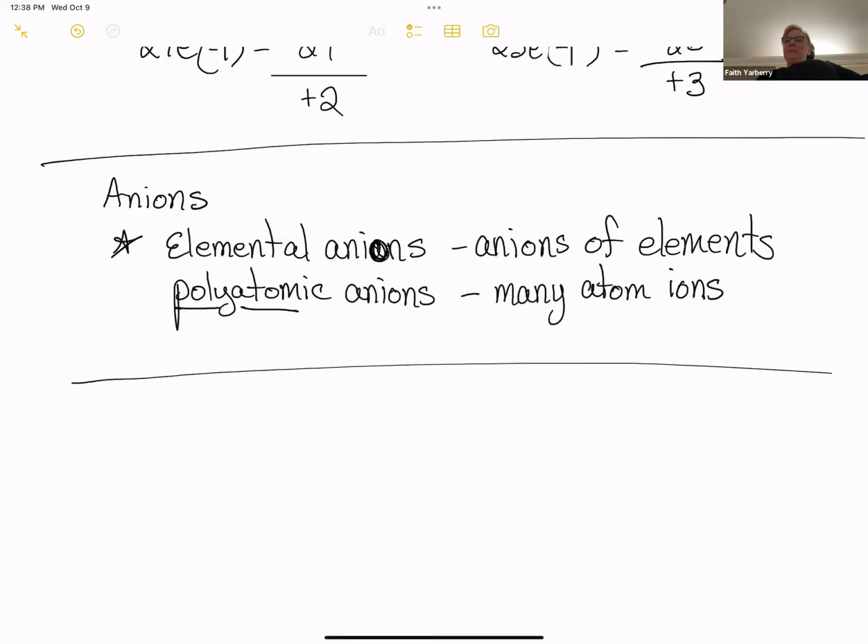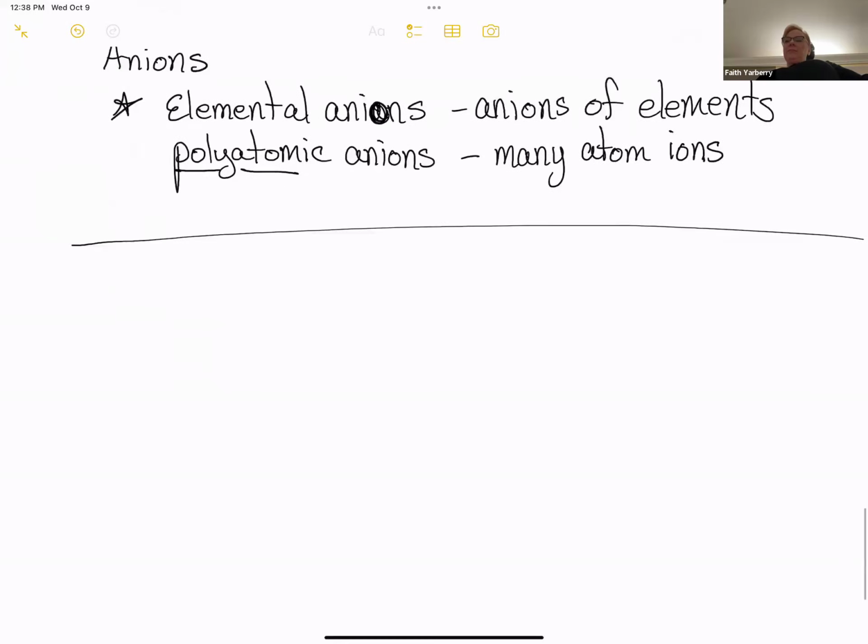Now, let's look at our anions. Let's go ahead and look at chlorine. Chlorine is atomic number 17. So it has 17 protons, and in a neutral atom of chlorine, it will have 17 electrons.